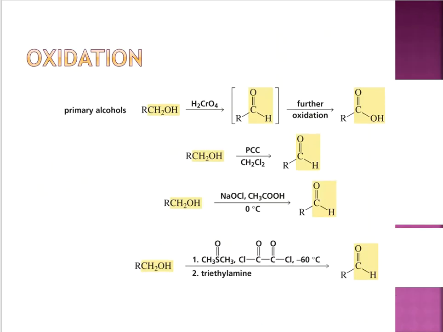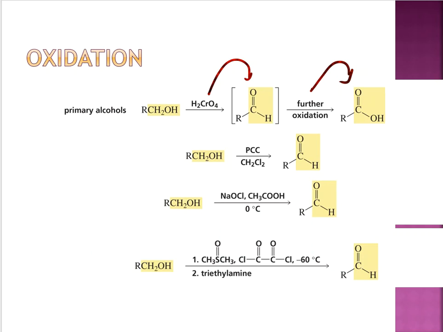Next up was the oxidation section for the alcohol groups again. There were a couple of different ways to oxidize, and these are all primary alcohols that you're seeing on the screen. So chromic acid, chrome, can go in and create a double bond to the O. And then if it's not stopped, it will happen again, and it will make a carboxylic acid.